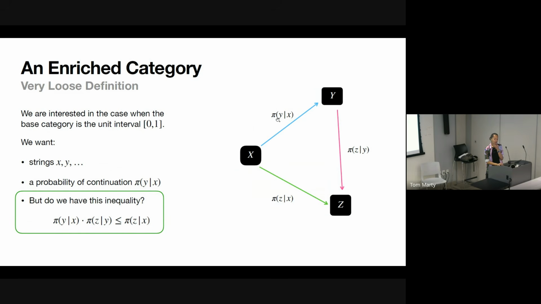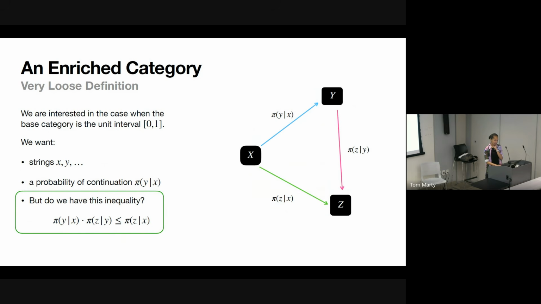So if we can choose these conditional probabilities, which I keep putting in air quotes because I haven't said what they are, but if we can find some numbers that satisfy this inequality, the way to go from X to Y times the way to go from Y to Z is less than or equal to the way to go from X to Z, then we can say, oh yes, language does fit nicely into this enriched categorical framework.